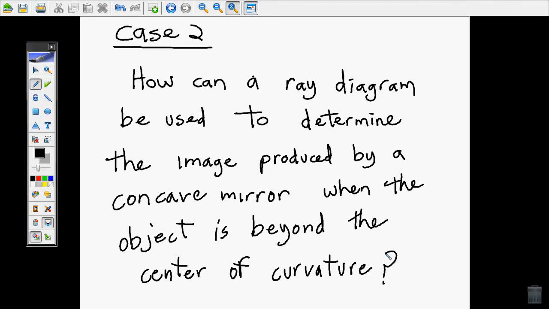How can a ray diagram be used to determine the image produced by a concave mirror when the object is beyond the center of curvature?